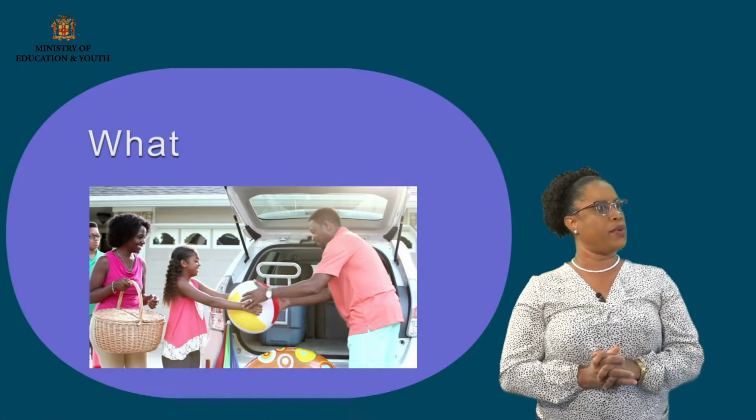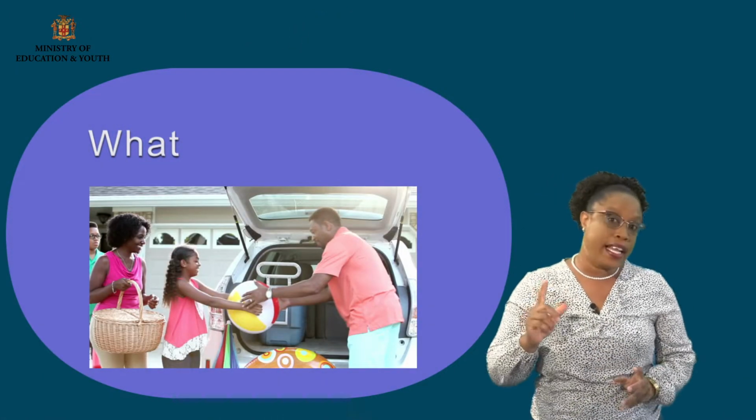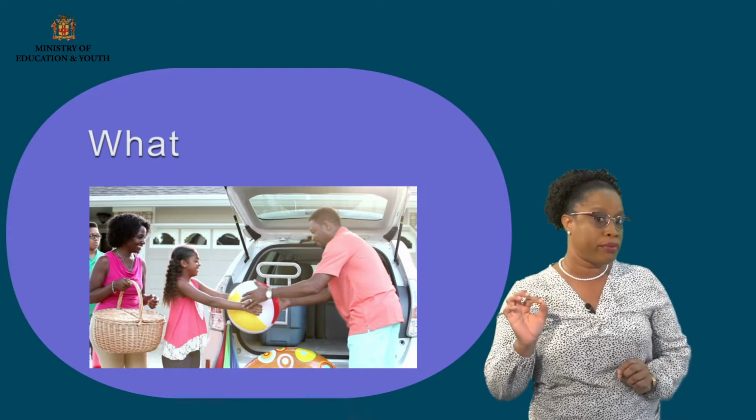Okay, boys and girls, now we are ready to write using stretch a sentence. What will we be writing about? Let us make a list. Who am I writing about? Okay, my family. What is the family doing? The family is going on a trip.